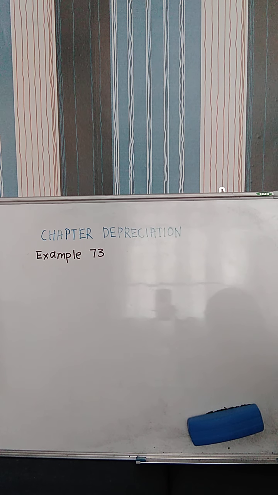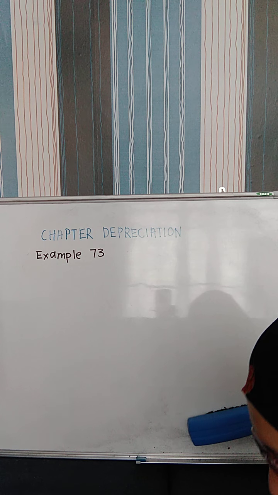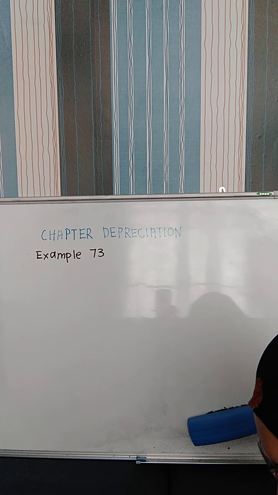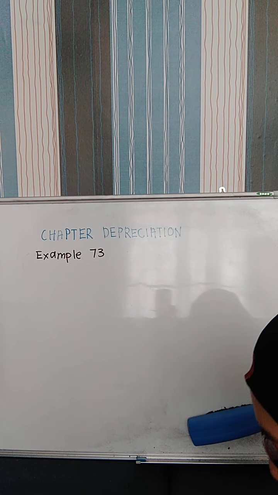Okay, so we continue to example 73 for an example of the straight line method. Refer to the example. Some company bought a lorry for 38,000.